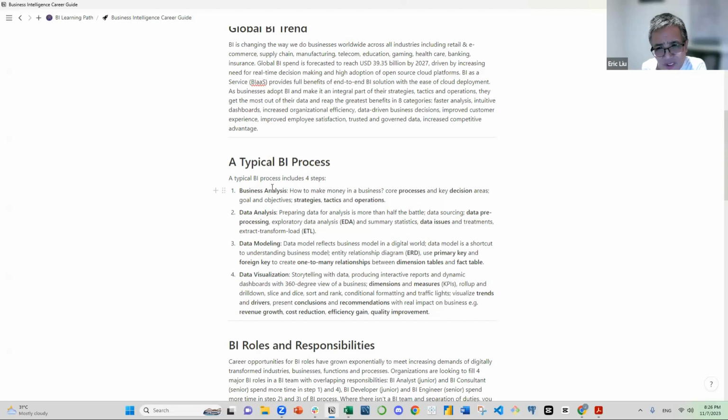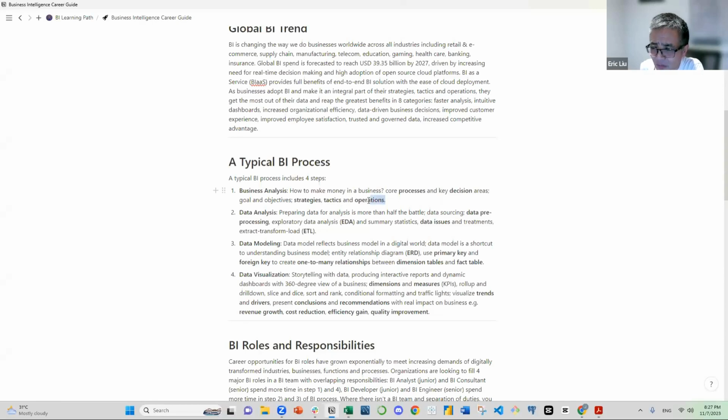But business analysis is really about making sure we work on the right thing, the right problem. So in this section, you want to find out how to make money in this business. Basically, you need to understand the business, the core process, and the key decision areas, and how people make decisions at different levels.